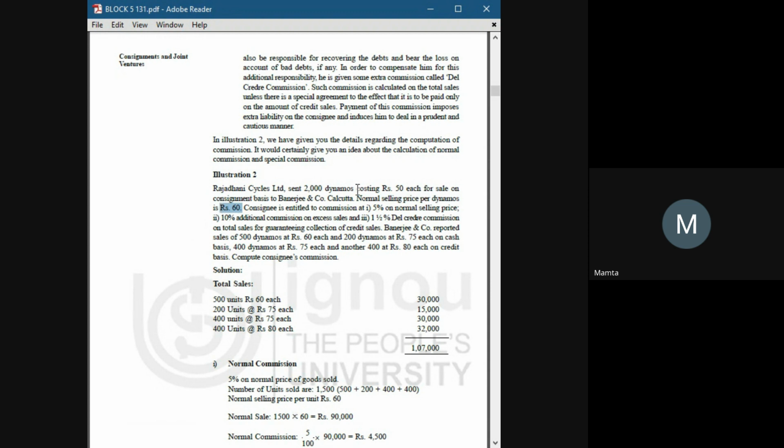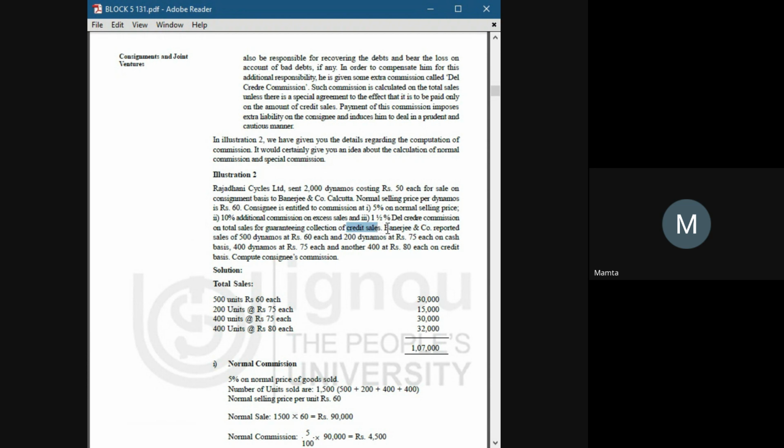The consignee is entitled to commission at 5% on normal selling price, 10% additional commission on excess sales, and 1.5% del credere commission on total sales for guaranteeing collection of credit sales.